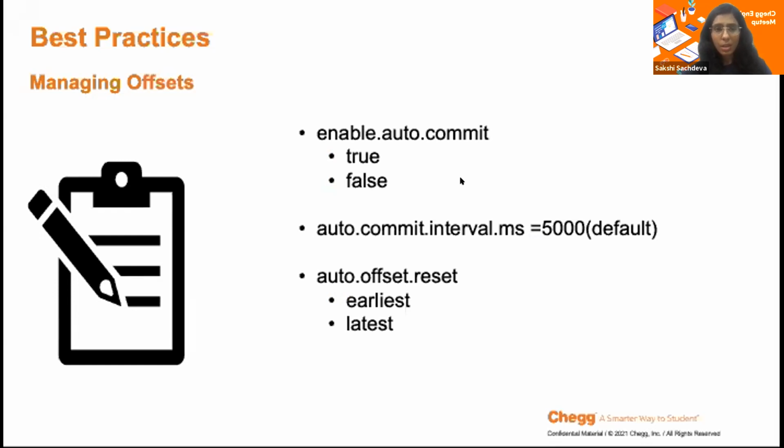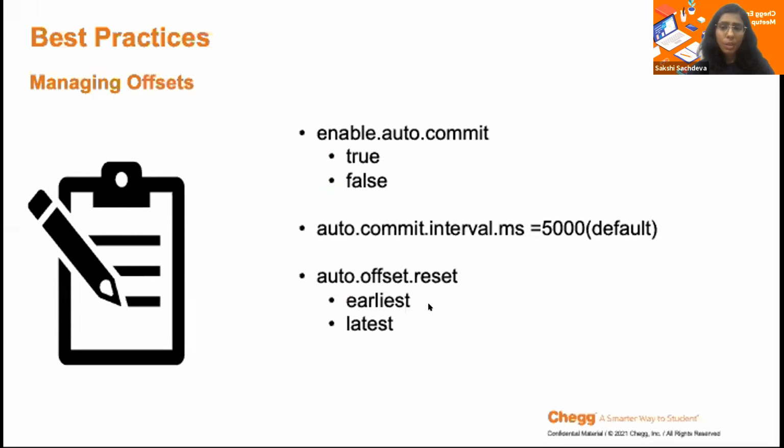Instead of Kafka committing itself within the scheduled time, if you want to commit manually yourself once the consumer processing has been completed, then we can disable this property. We can set it to false to take control over committing the Kafka offsets.